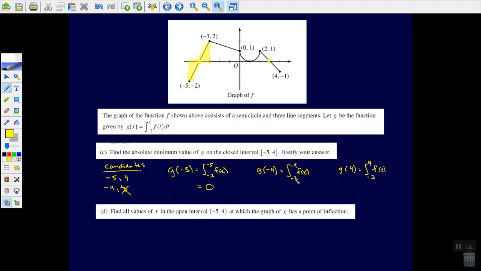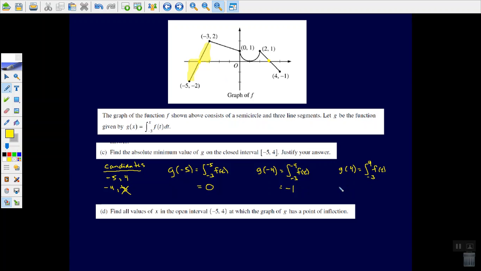It's because this integral is going from right to left. So even though the area is 1, this integral has to be the reverse of that, which is going to be -1. Okay, and that has to do with, again, the integral that we've got written is actually got the lower limit bigger than the upper limit. So that is making the value the opposite of what the shaded triangle's area is.